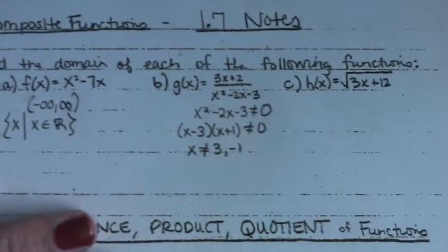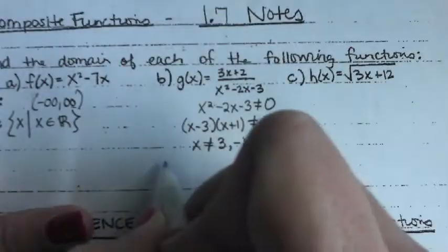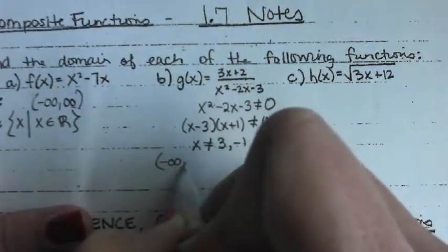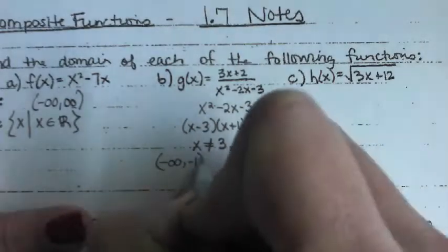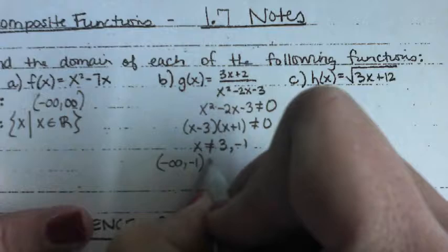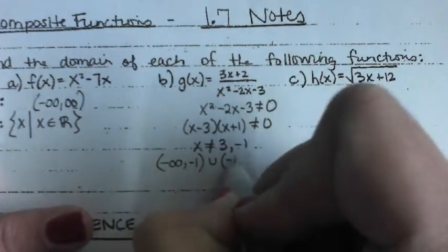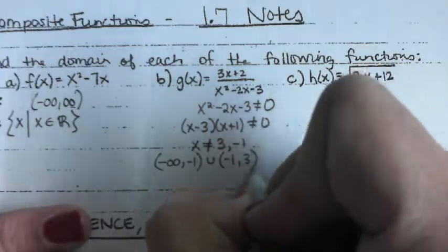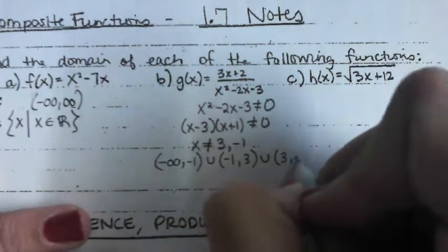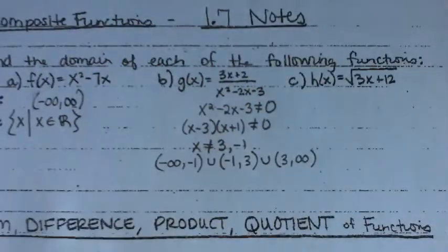Obviously, in interval notation, it would be negative infinity up until what? Negative 1. Then we'd close that with parentheses. A union with negative 1 to 3. And a union with 3 to infinity. So that's interval notation's way of saying all real numbers except negative 1 and 3.